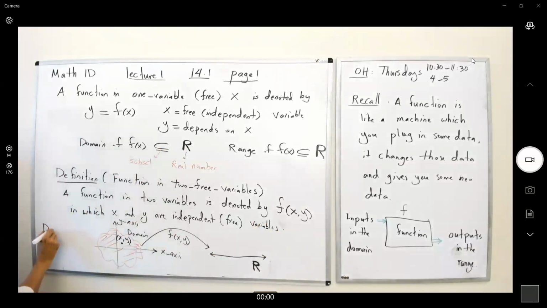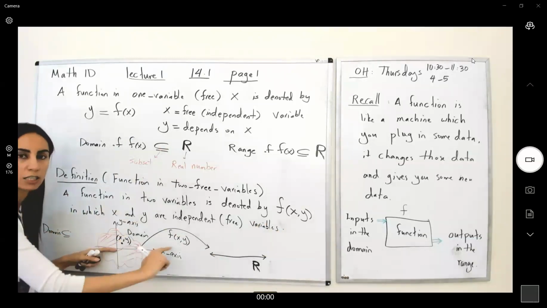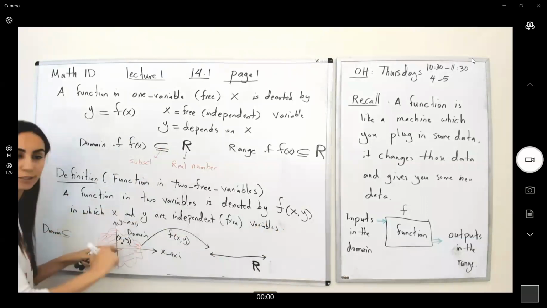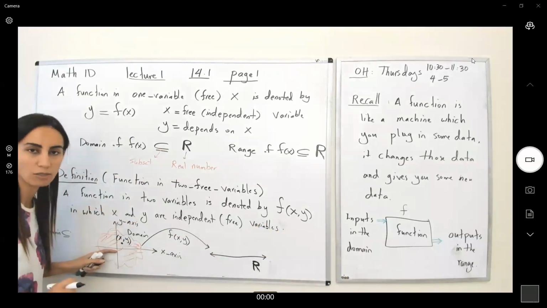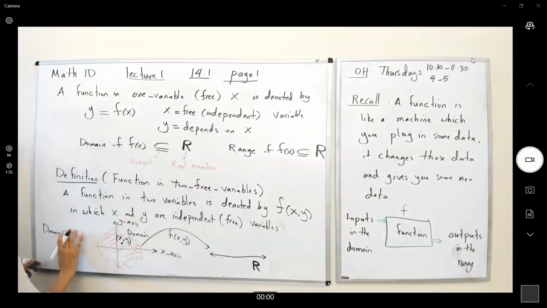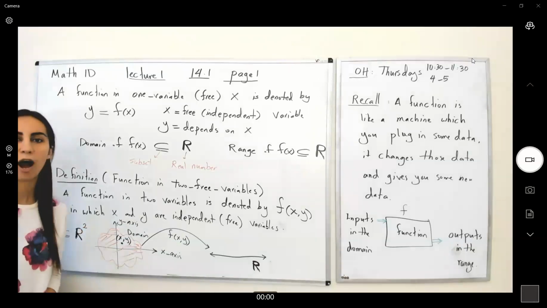The domain is the subset of, this is Cartesian product between R and R. As you know, x-axis is R, y-axis is also R. So it is a subset of R squared, R to the power 2.